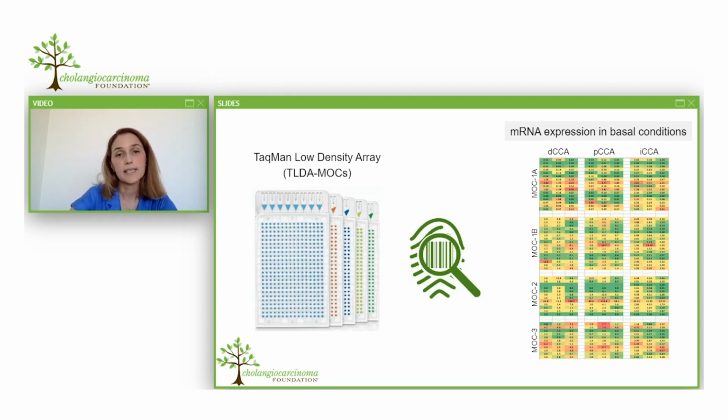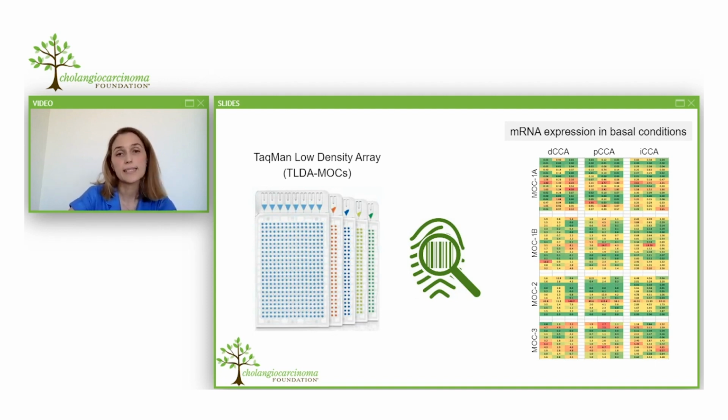We have investigated a high number of genes involved in drug resistance in cholangiocarcinoma, and based on our experience, we have selected around 100 that we can measure by TaqMan low-density array.